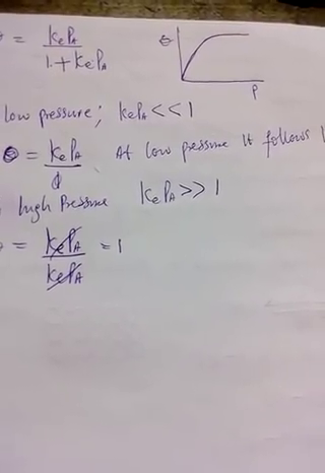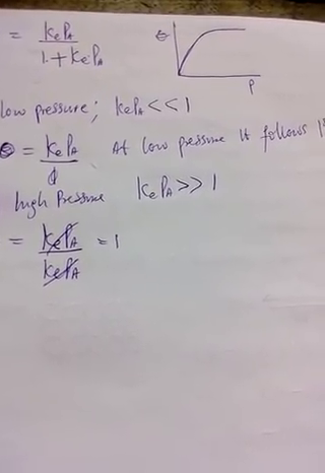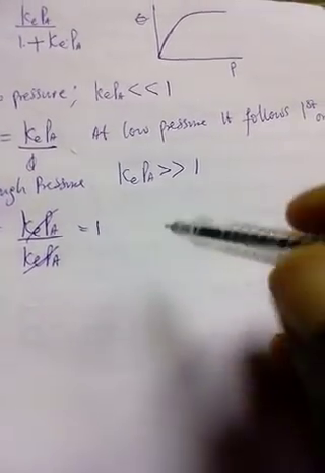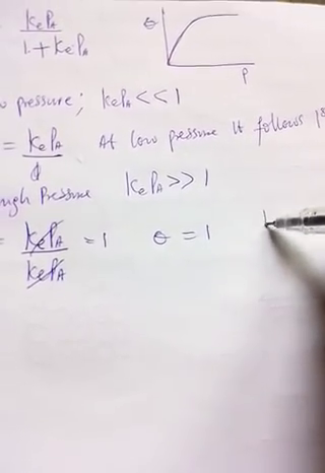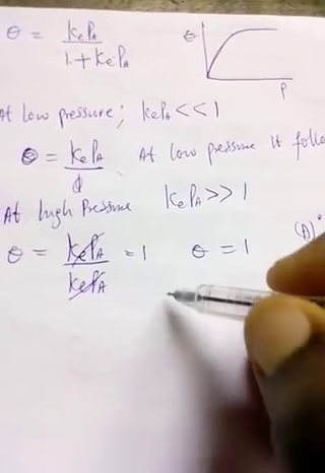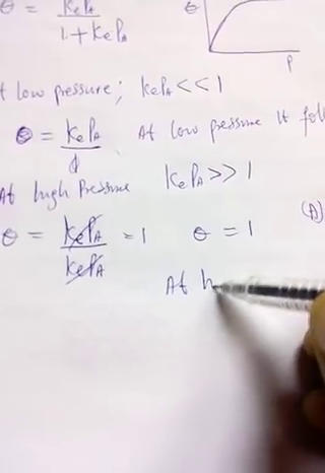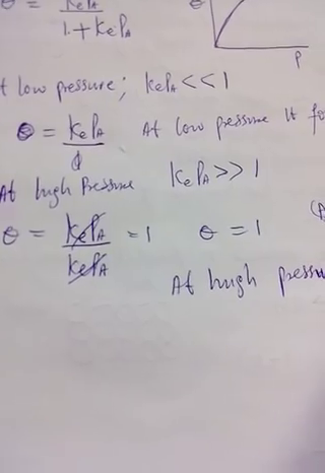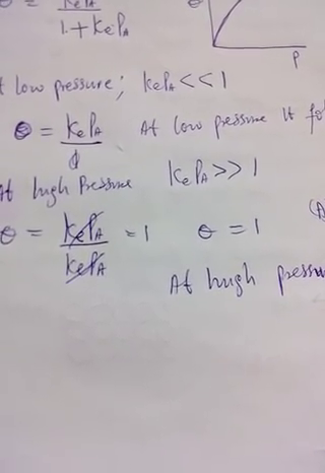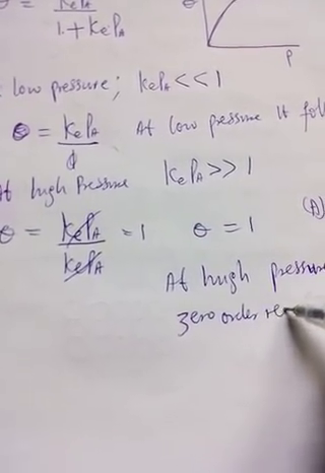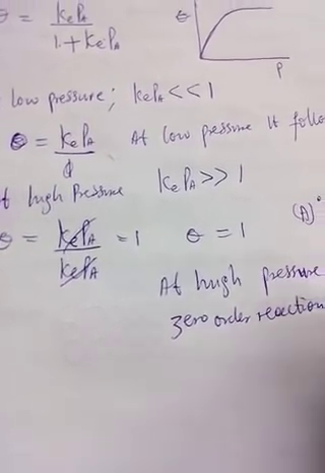So at very high pressure, KE PA is very much greater than 1 and theta equals 1, meaning it follows a zero order reaction. PA raised to power 0 is the same thing as 1. So at high pressure, it follows a zero order reaction.